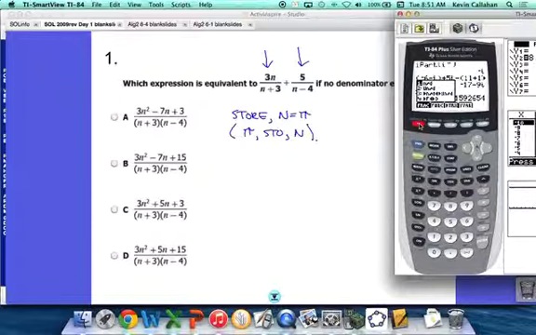And then the very first one, numerator over denominator, it brings up the fraction form. That will save you so many times, that otherwise you would have had to use parentheses, right? And if you forgot the parentheses or if you didn't put them in the right place, then you're going to get it wrong.